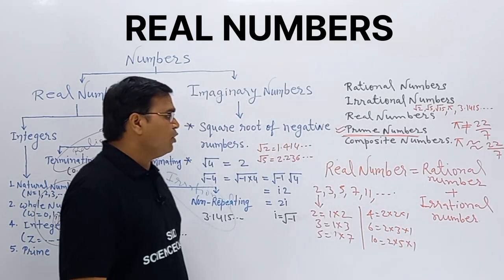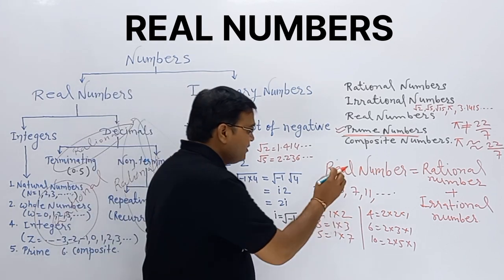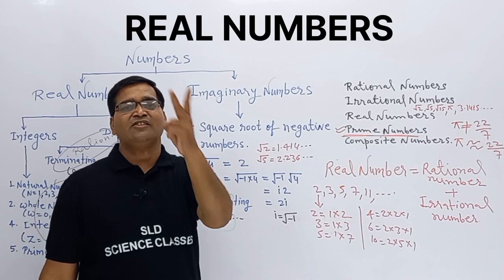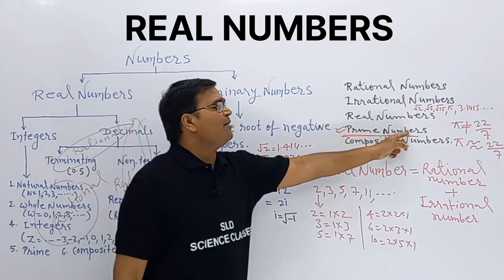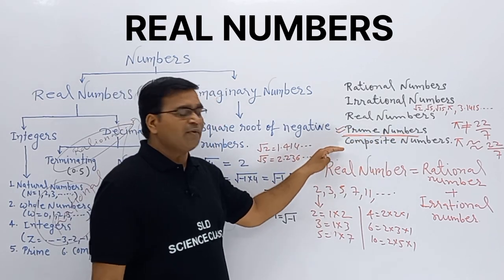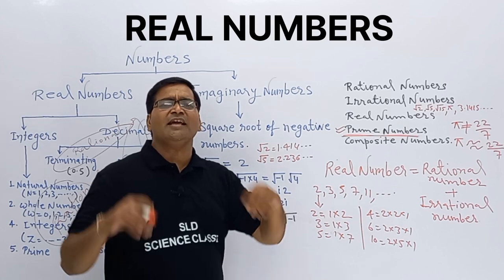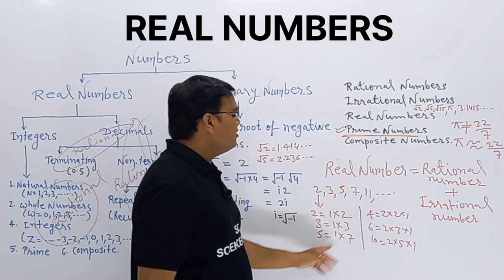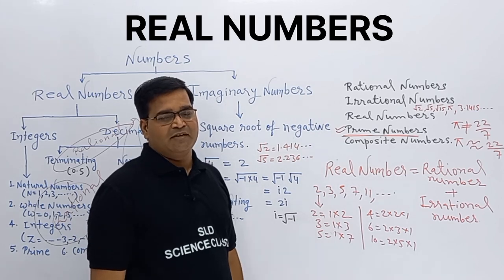So, a number having only two factors, 1 and itself, is called a prime number, and otherwise a composite number. More than two factors, these are composite numbers and these are prime numbers.